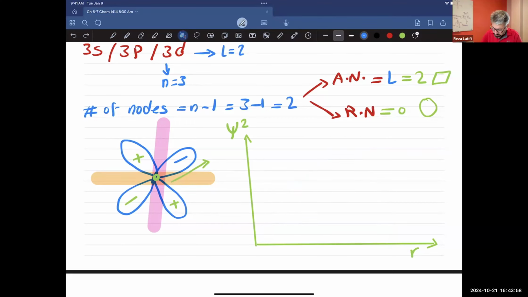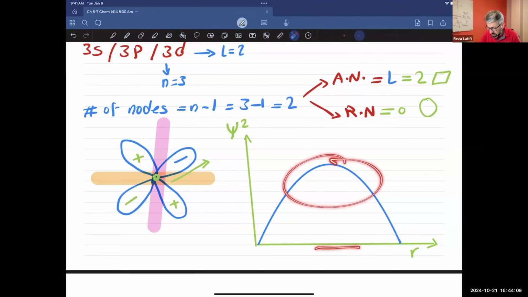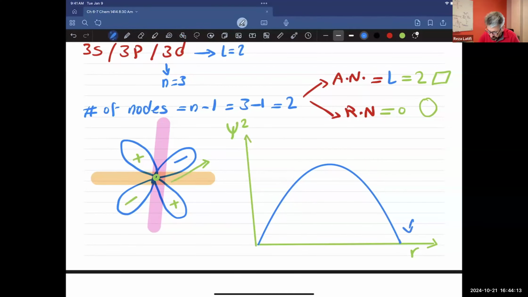There is no radial node, and as you see, the graph does not hit the horizontal line. So what should I call those 2 points? That is going to be the starting point of the orbital, and that is going to be the end of the orbital.